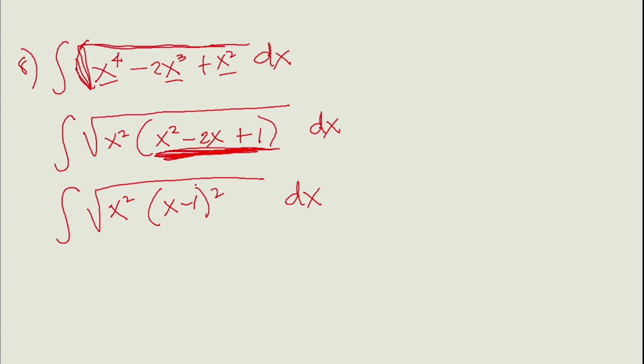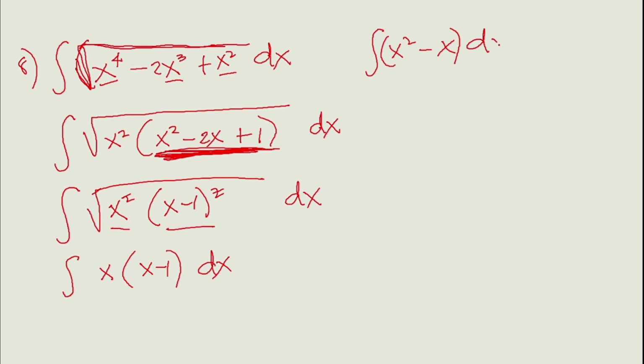Now we take the square root of each side. The result is the integral of x times (x minus 1) dx. Simplifying, we have x squared minus x dx.